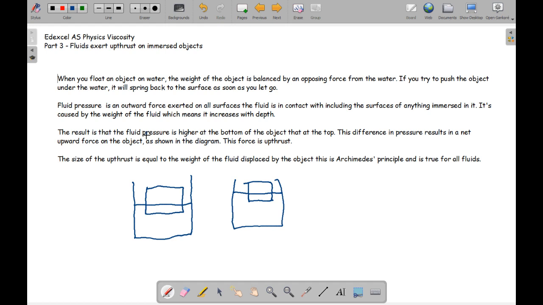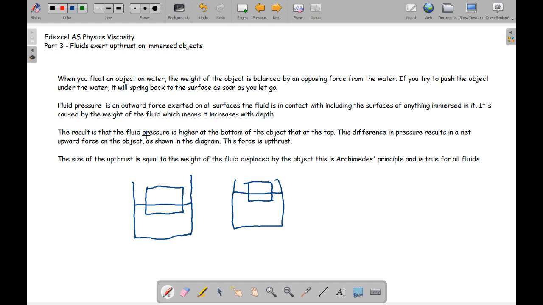The difference in pressure results in a net upward force on the object, as shown in the diagram. This is called upthrust. The size of the upthrust is equal to the weight of the fluid displaced by the object, which is also known as Archimedes' principle, and it's for all fluids.